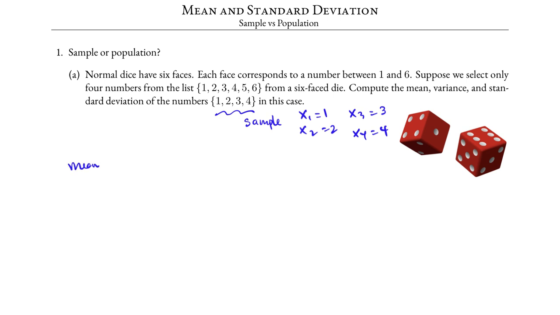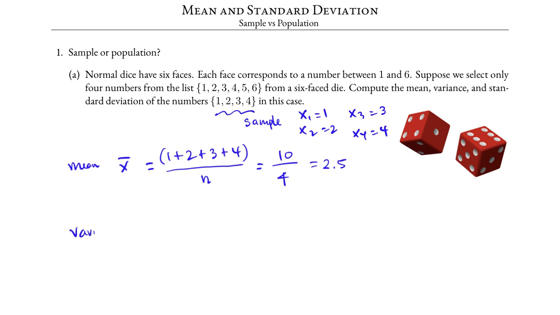The mean x bar is computed by adding all these values, 1 plus 2 plus 3 plus 4, and taking the sum divided by the count, which is n. 1 plus 2 plus 3 plus 4 is 10, and the count is 4 because there are 4 numbers from the list here, and this is 2.5. So the mean of the sample is 2.5.